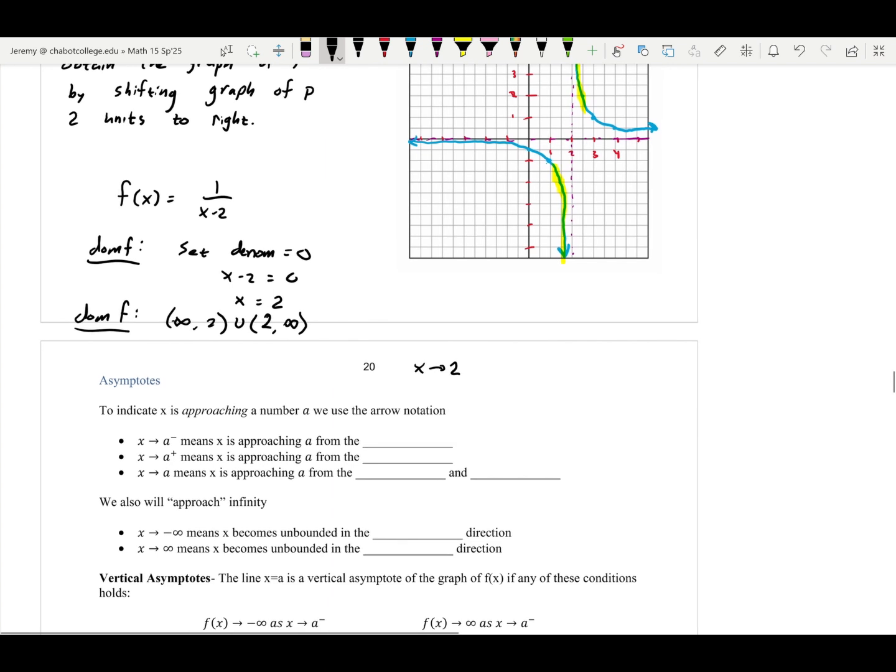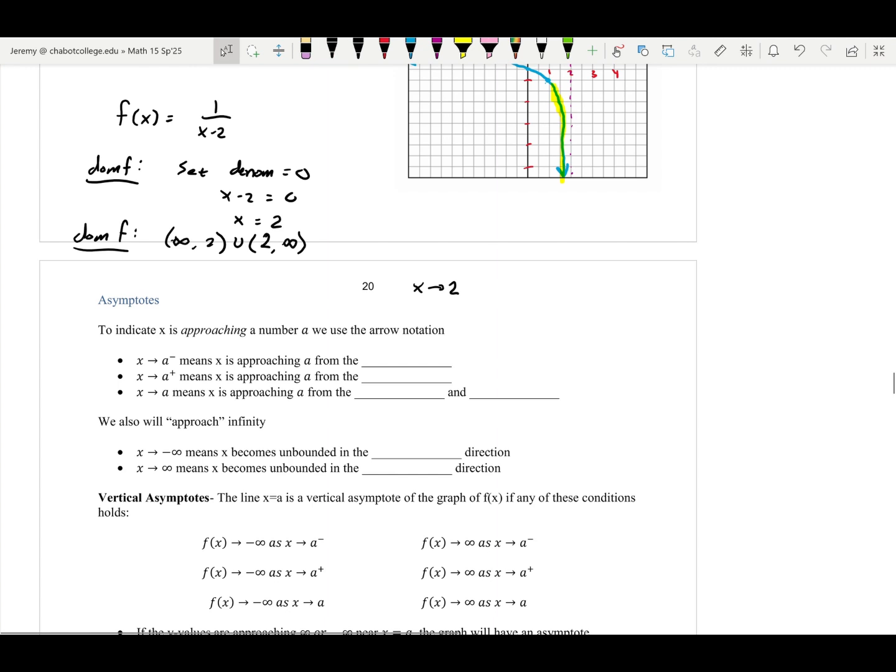We have to specify whether it's from the left or from the right. So that's what this notation is down here. If x is approaching a with this little negative sign up here in the exponent's place, that means x is approaching a from the left. And a little plus sign indicates we're approaching from the right. And if we don't have a minus sign or a plus sign, that means x is approaching from the left and right.